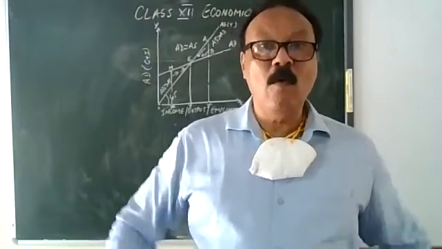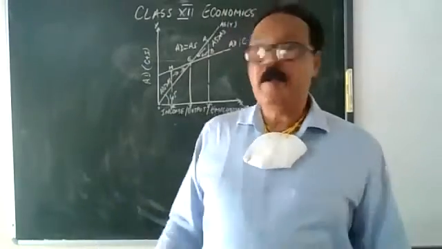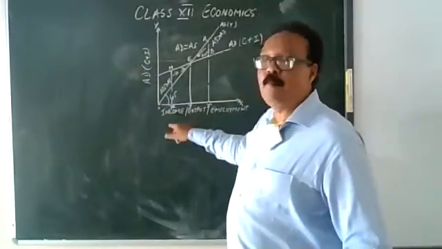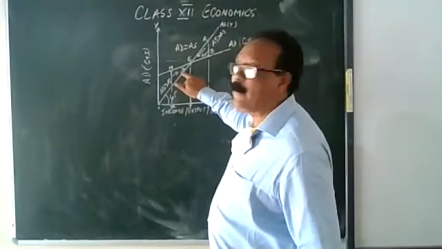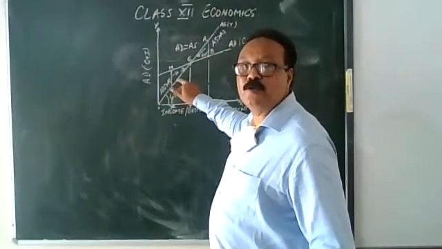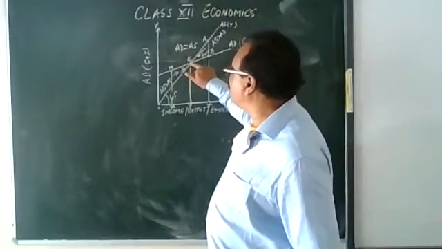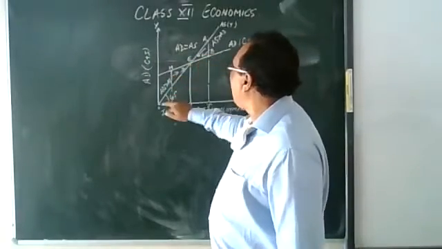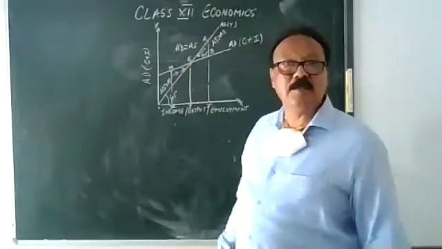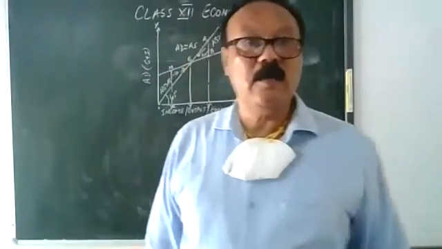So there will be more output, and when there is more output, there will be more income. Here you see the arrows going upwards. They will have to produce more and come to this point E, where AD cuts AS.